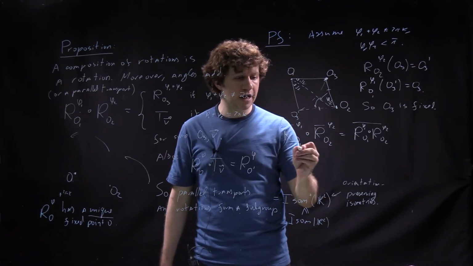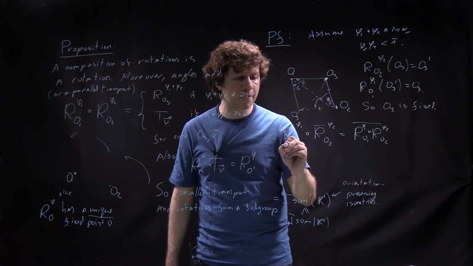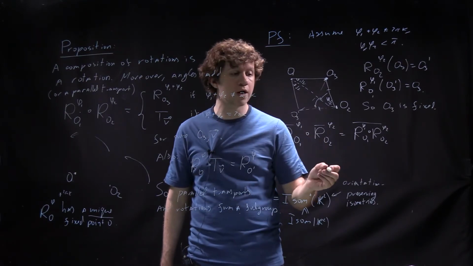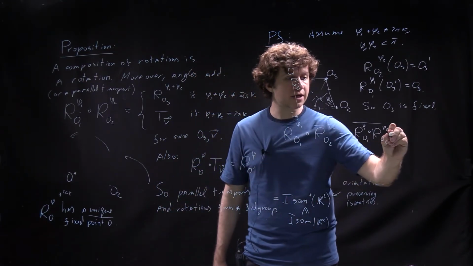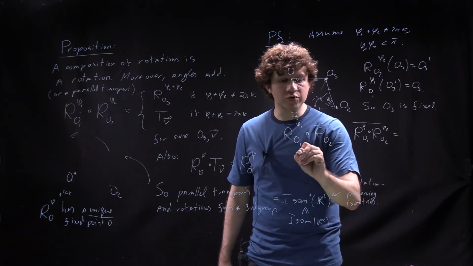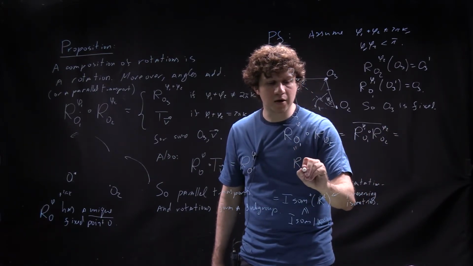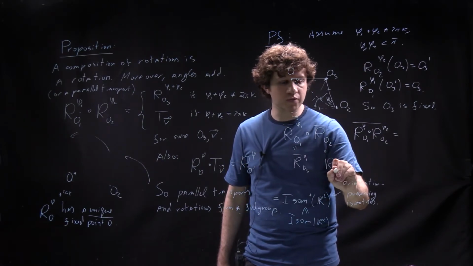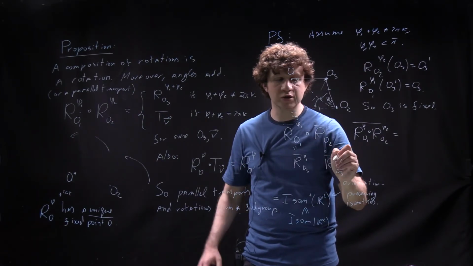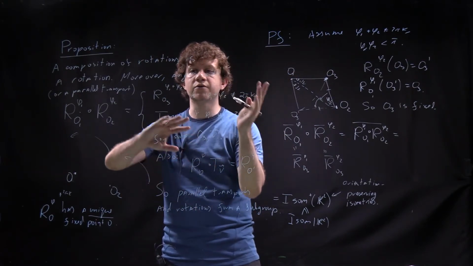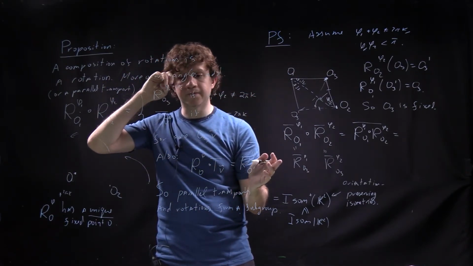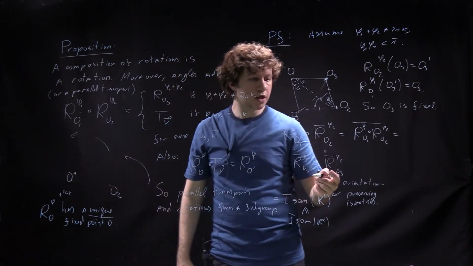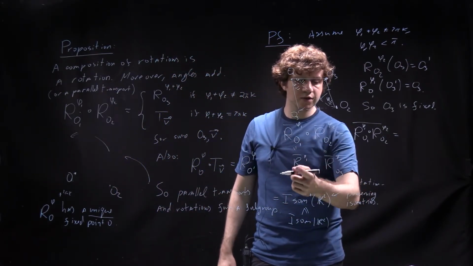This bar map, which is the way it acts on vectors, does not depend on the choice of a point O1 at all. So both of them are the same as R bar O3 with the same angle, just because this point is not important when I look at what a rotation does with vectors, and I can always move them to any point and do it.